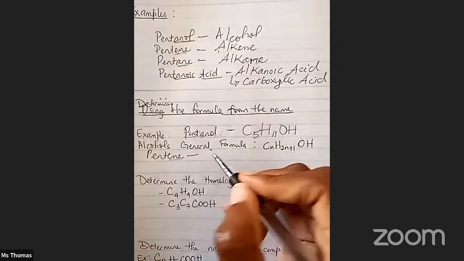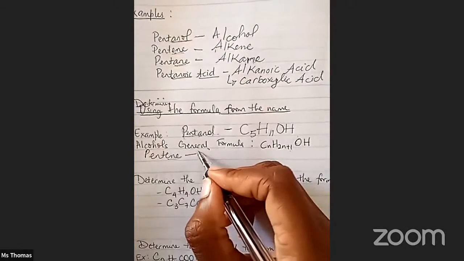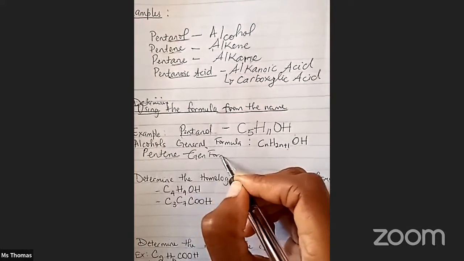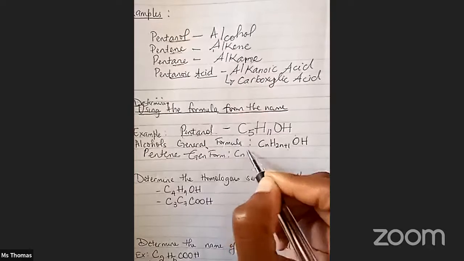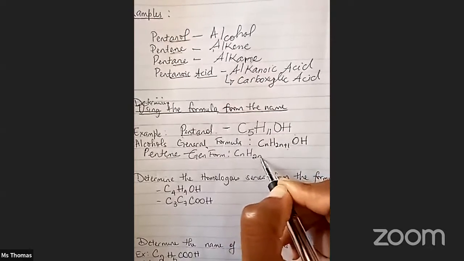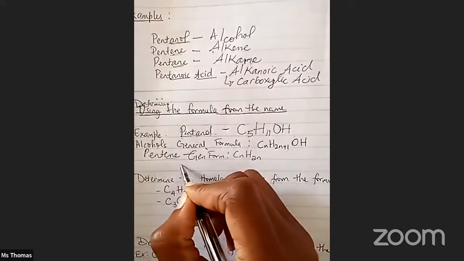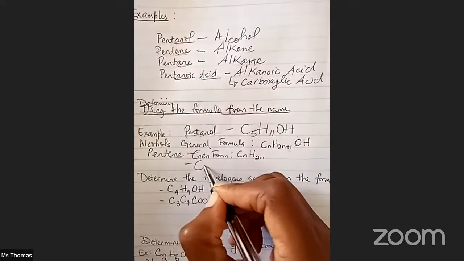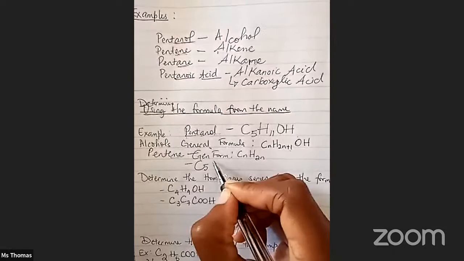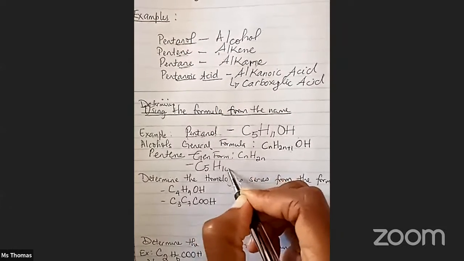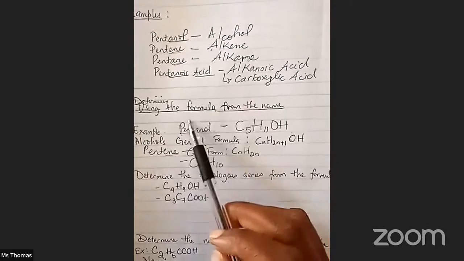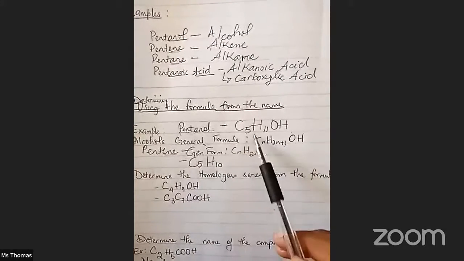It's from alkenes, and alkenes have the general formula CnH2n. So what would pentene look like? C5H10. C5H10. Very good. So that is how you can look at the name and know the formula.